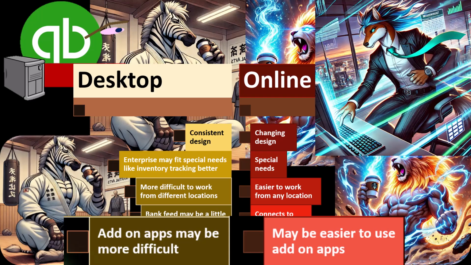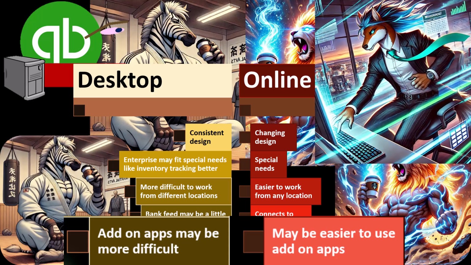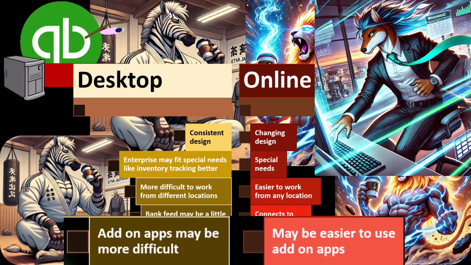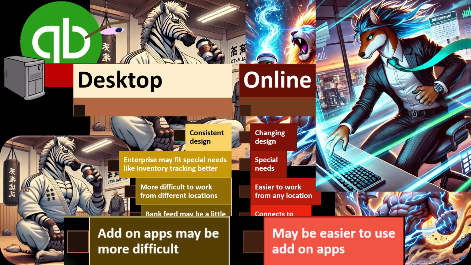That's why the desktop, oftentimes, when you get into more advanced needs, like the enterprise or advanced inventory needs, you want to have customization within the software. So in other words, when you're customizing the software, one way you can do that is have third-party people creating apps that can then be integrated with your QuickBooks, which is easier with an online or cloud-based system.